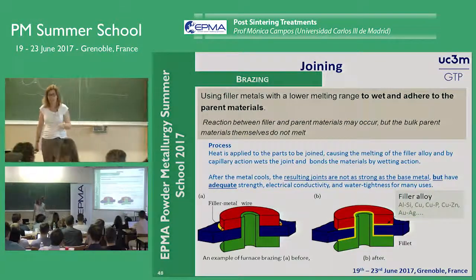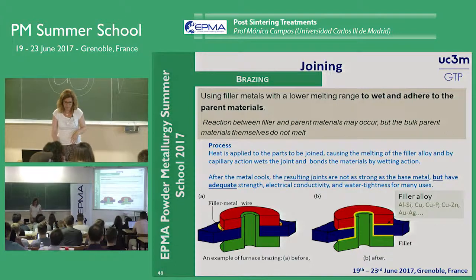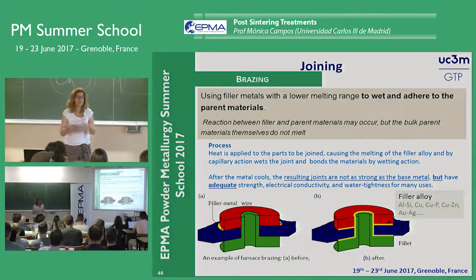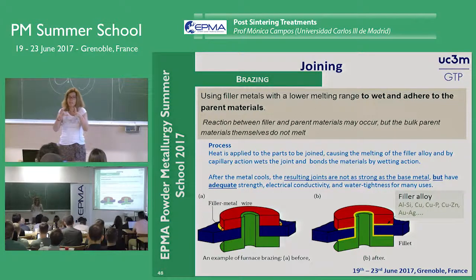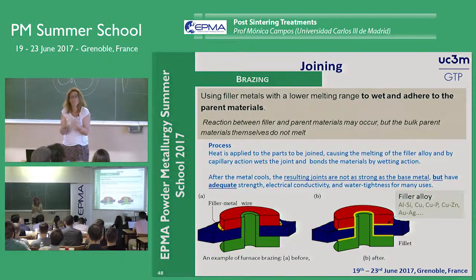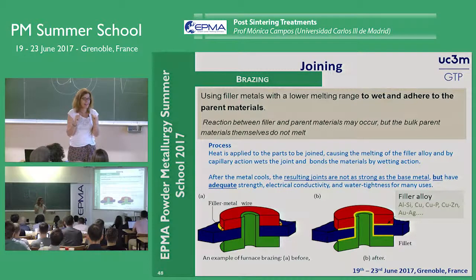In the case of brazing, I think it is the most frequent joining method chosen for PM production, because you put together the pieces that you want to join and the filler metal in the same furnace. Then the filler metal should be compatible with the atmosphere in your furnace and with the chemistry of your component.